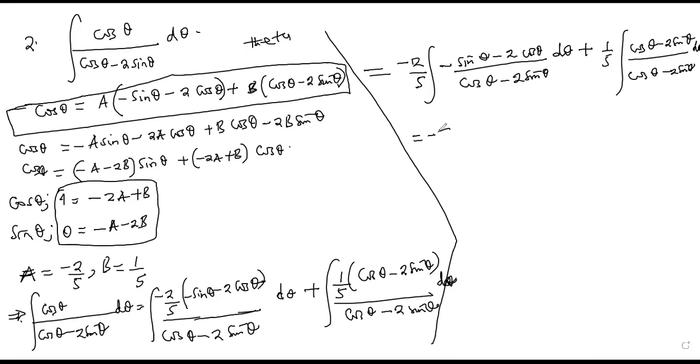When you differentiate this, you get that. So it is ln of cos theta minus 2 sine theta, plus 1/5, and these ones cancel. So here you have d theta. When you integrate d theta, you get theta plus a constant of integration.